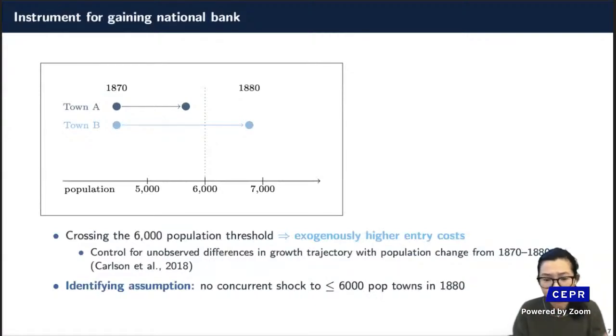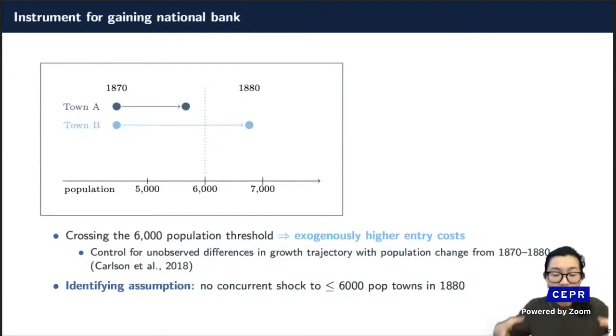So stepping back, the identifying assumption that we're using is that essentially there's no other concurrent change from 1870 to 1880 that would affect these smaller towns below this threshold in a way that might matter for their future growth and trade-related activities.